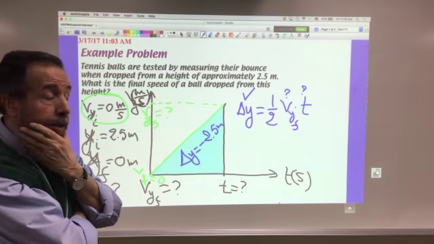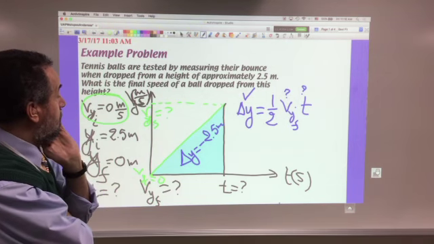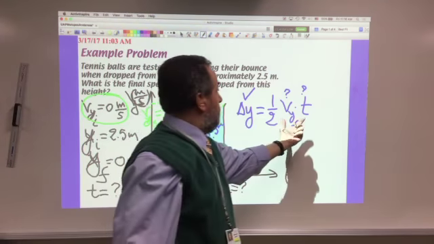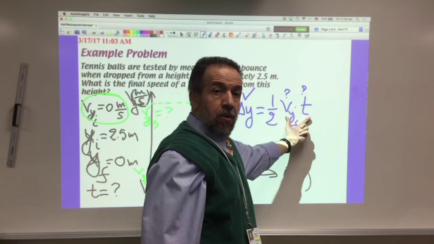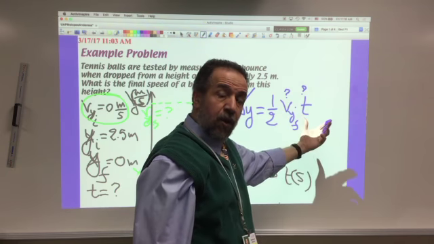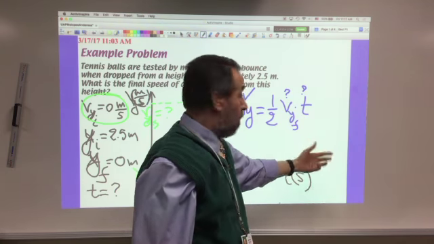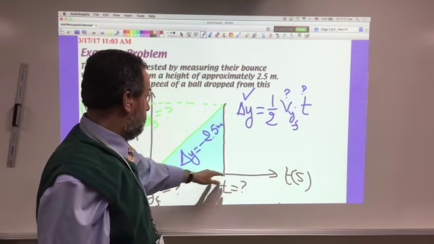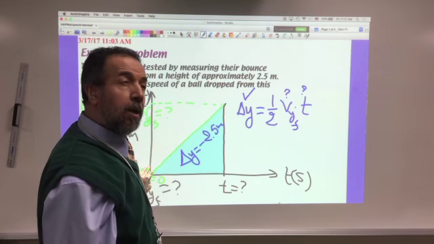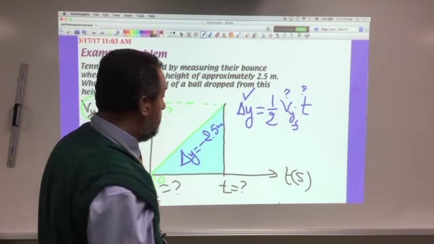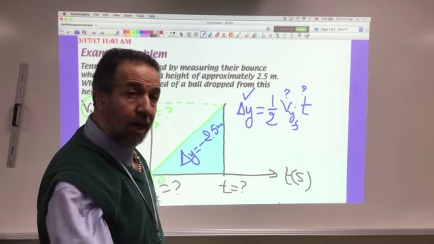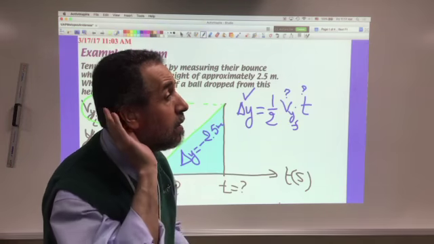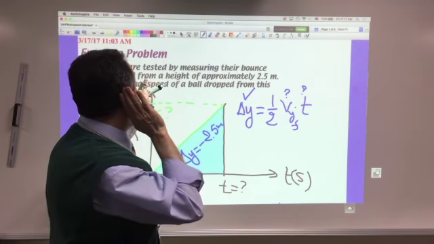Cool or no cool so far? At this point I have some information about this. But of course, I have other bits of information that I cannot ignore. What did we say the slope of the velocity versus time graph is supposed to be? Acceleration. But the acceleration here is a specific kind of acceleration, because it is dropped.